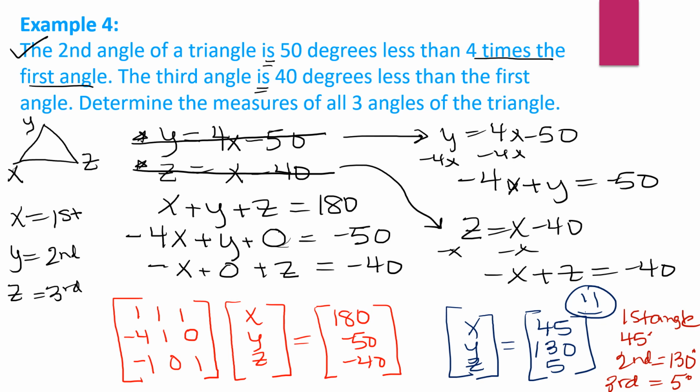So that last angle was really, really tiny. Again, that first angle is 45. The second angle has a degree measure of 130, and that third angle has a degree measure of 5 degrees.